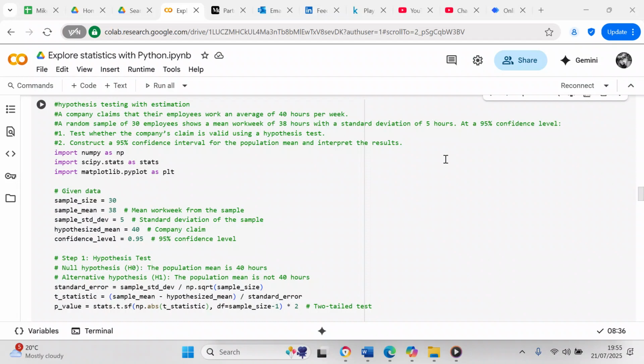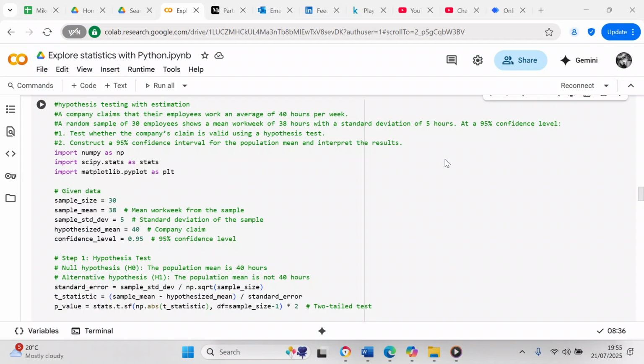So we're going to answer this question using Python. In order to use Python, the first thing we need to do is import some Python libraries, 3 to be precise. The first library is NumPy as np, which is the numeric library.